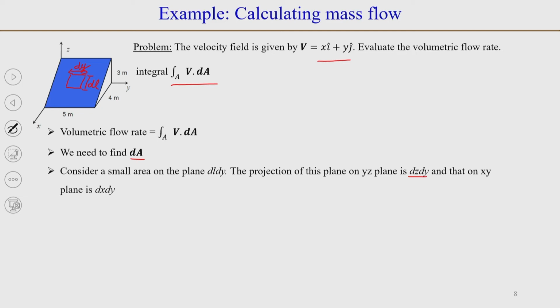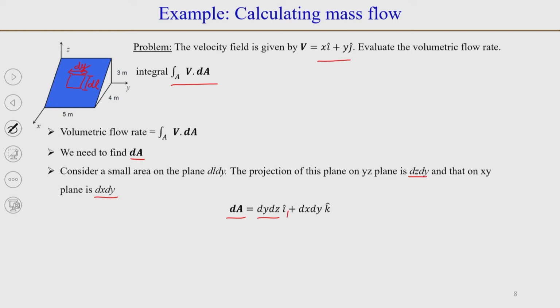So, you will get on the xy plane dx dy, where dx is the projection of dl on the xy plane. So, we can write this area vector dA in terms of dy dz, which is the projection on the yz plane, and its normal points in the x direction.